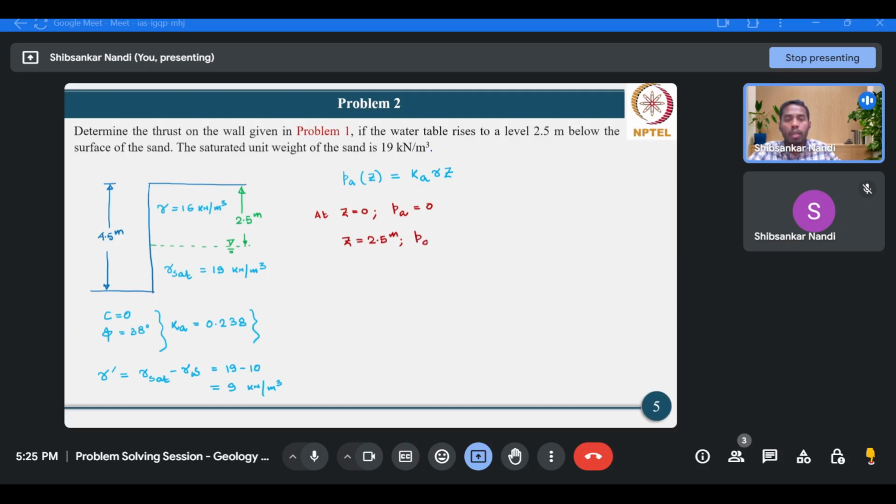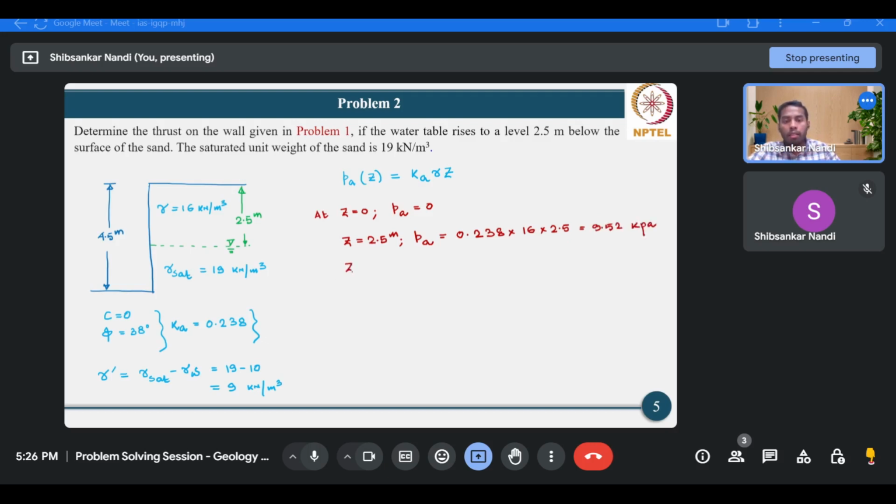What is your PA, the active earth pressure? So this is 0.238 multiplied by 16 multiplied by 2.5. Okay, so it's 9.52 kPa.